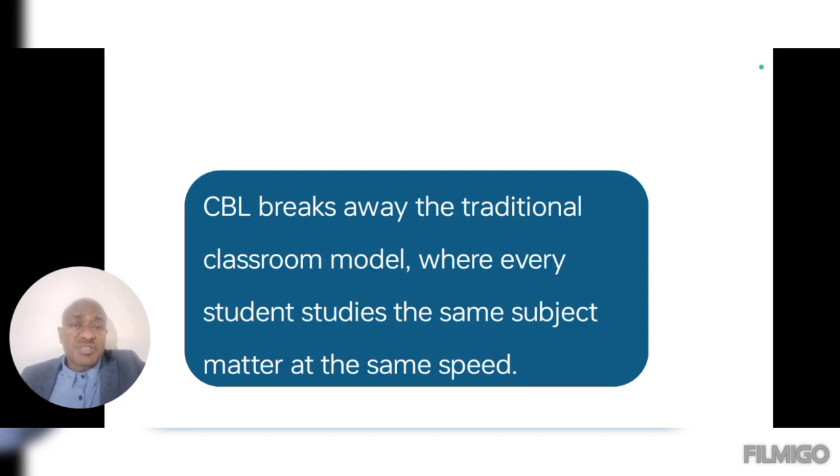We classify students in different ways depending on their learning experience, their learning capability, and the like. So studying the same subject matter at the same speed is not a principle in competency-based learning. It should be at their own pace, as I've already mentioned earlier.